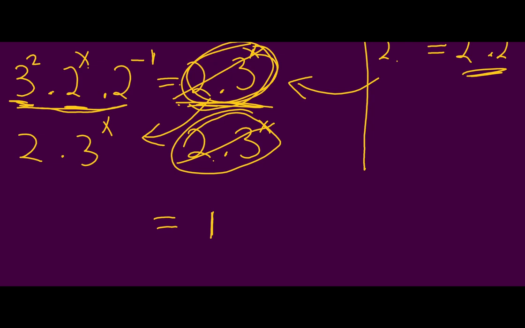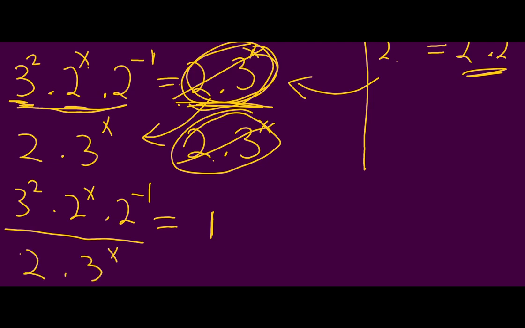So in this regard, we're left with the same value, 3 to exponent 2 times 2x times 2 minus 1, divided by 2 times 3x, right?